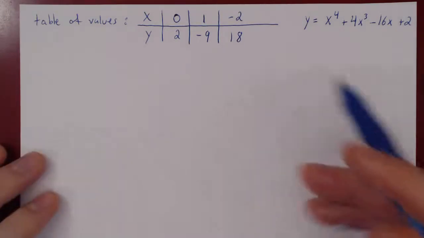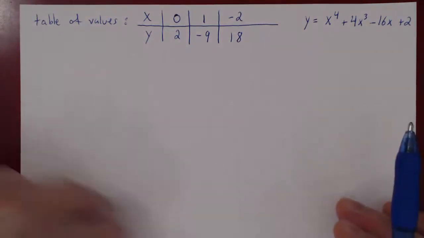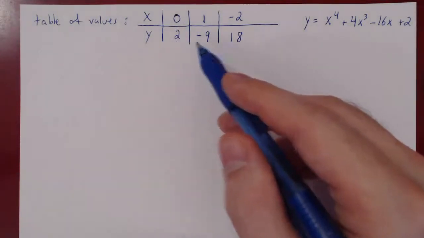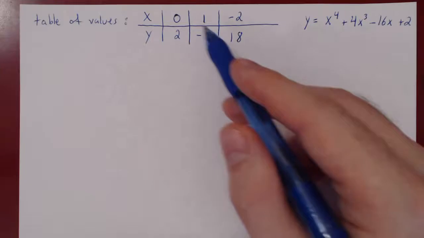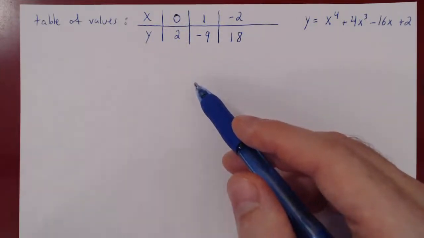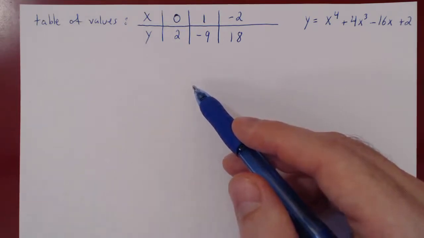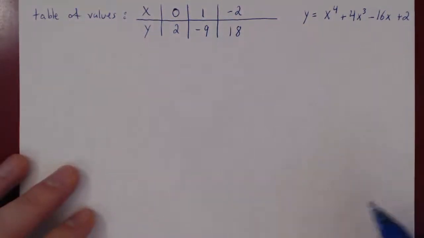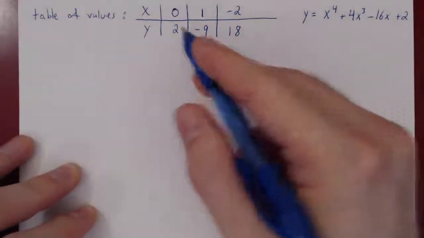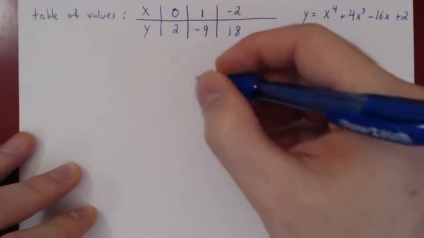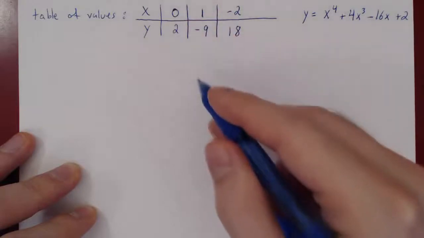Let's now sketch the graph of our function, and here the axes will not be up to scale because, you see, we have values ranging from 2, negative 9 to 18, and in x it's 0, 1, negative 2. So again, don't bother with the ruler making a graph that is up to scale. Just capture the key features of the graph. We're looking at x around 0, 1, negative 2, so this will be fairly symmetric around 0.